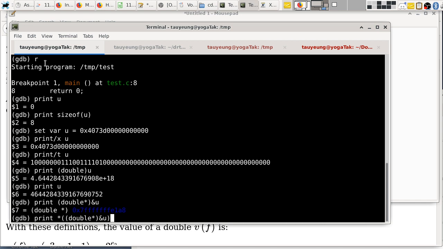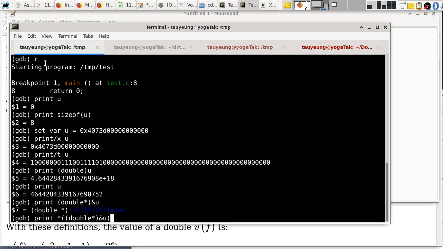So when we are done with everything in the parentheses, we now have the address of a double. It's just an address, just like the address of anything else. Then I say, tell me what is there. Because of the type of the pointer, the interpretation is now based on the pointer type.